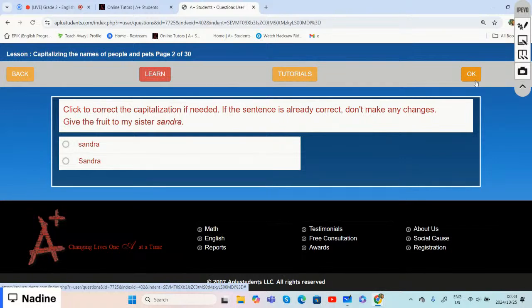Give the fruit to my sister Sandra. Which one is correct? Option one, Sandra, or option two, Sandra?